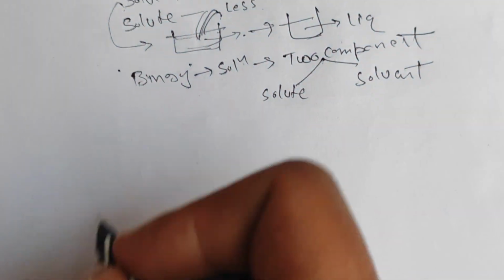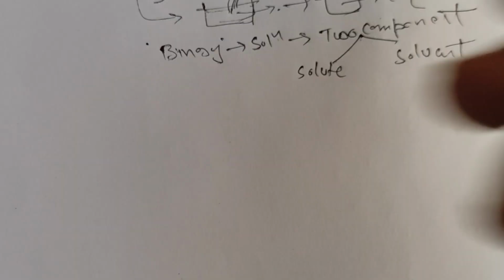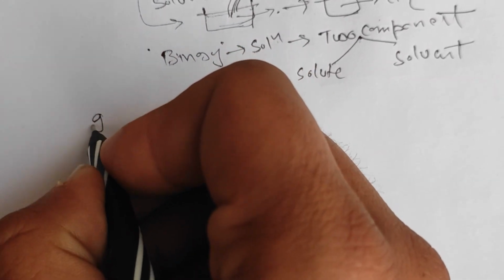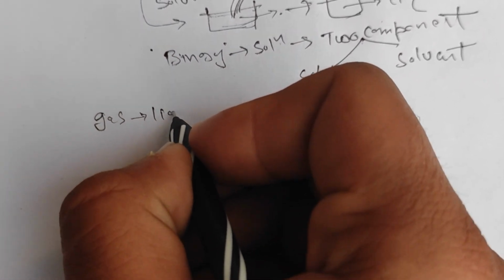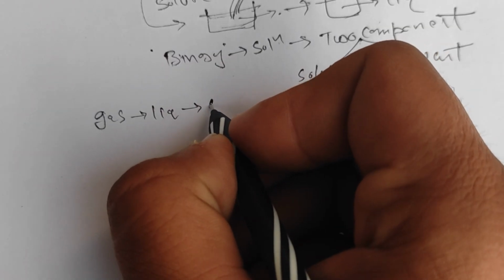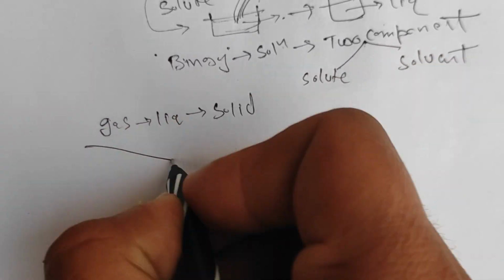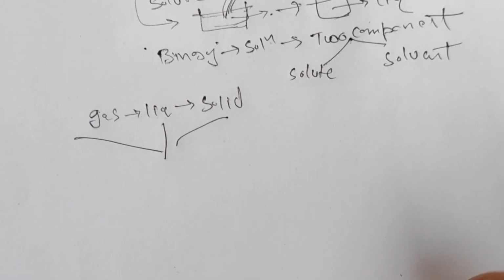We know we have three types of matter: first gas, second liquid, and third solid. So we use these and see some examples.